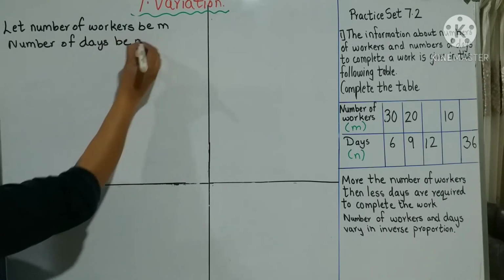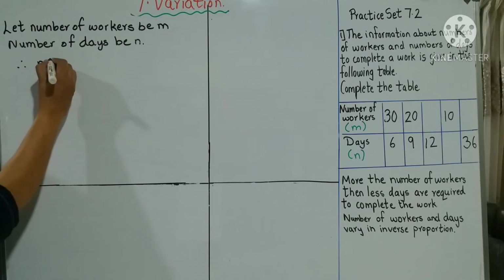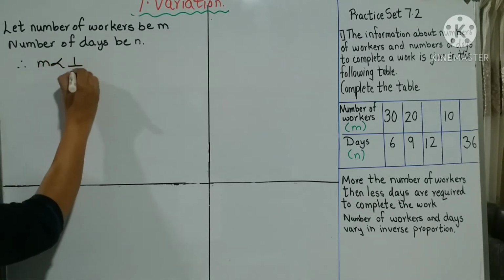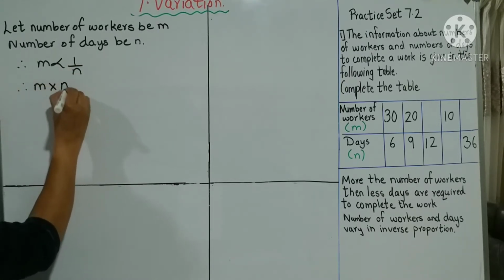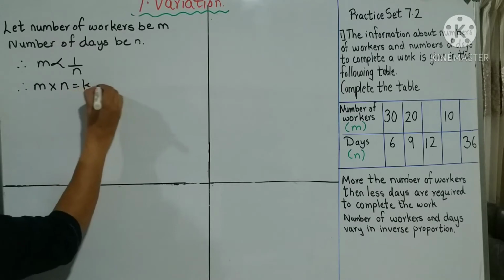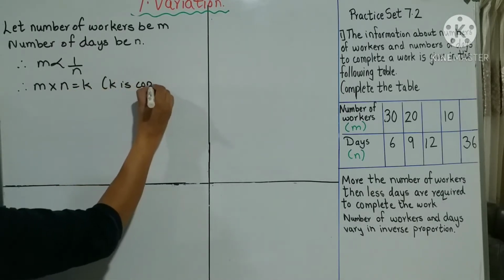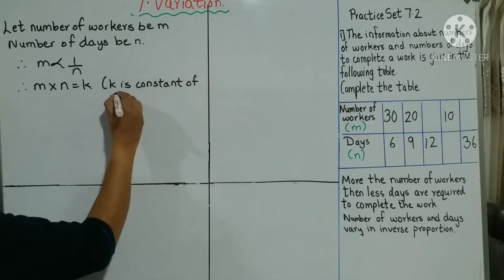Therefore, m inversely varies to n. Therefore, m into n is equal to k. k is the constant of variation.